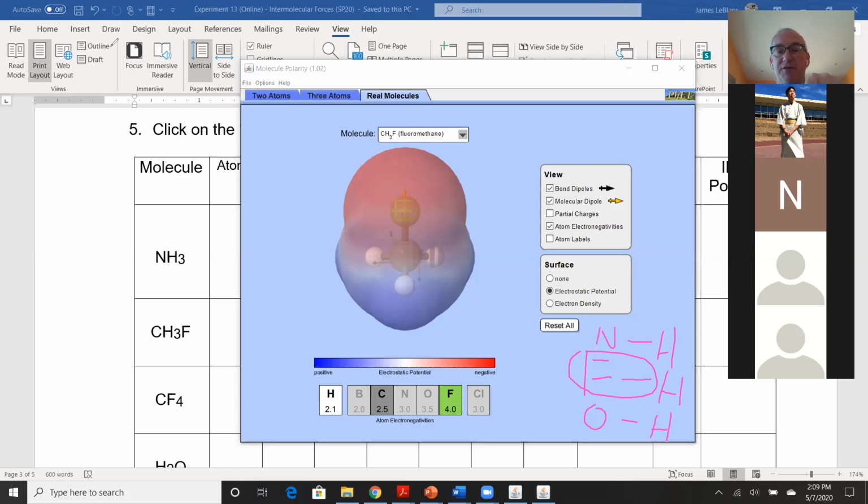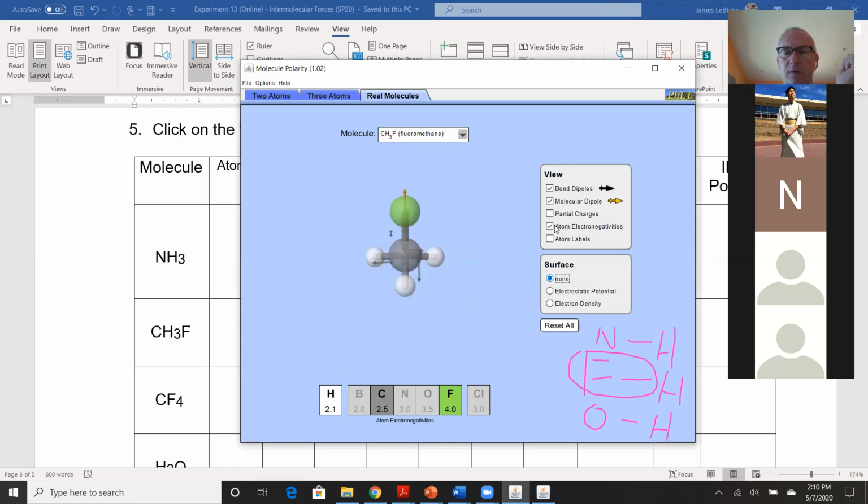Remember, with the ammonia the partial charge was about 0.34, and the partial charge on them now is 0.13.